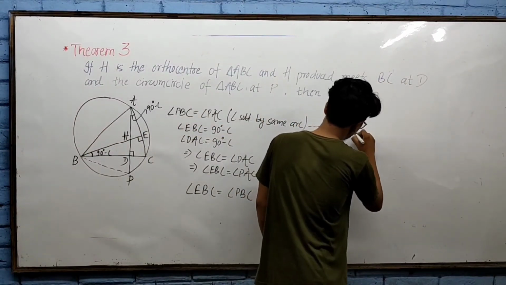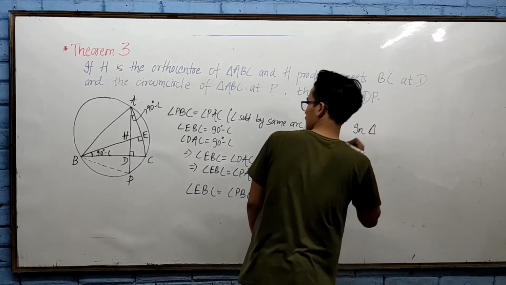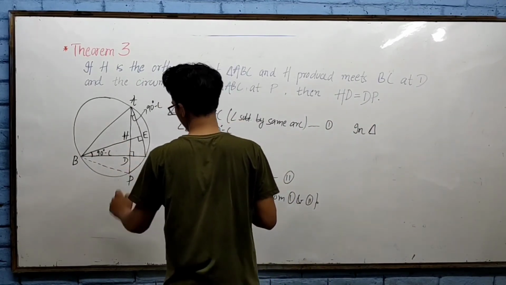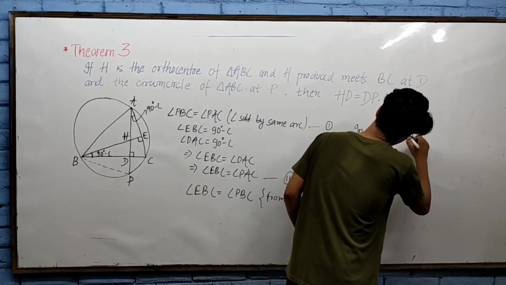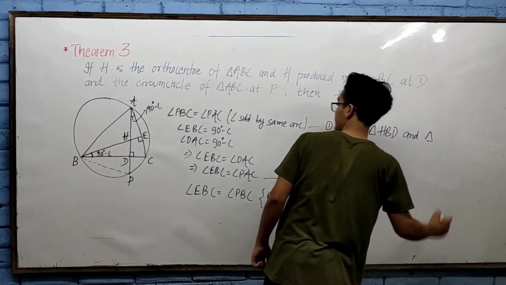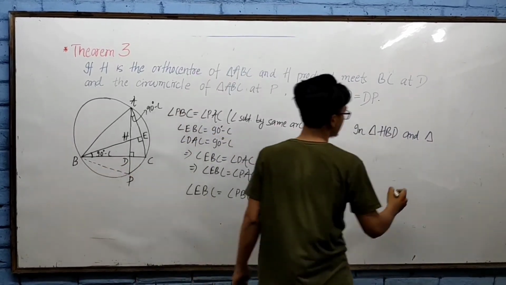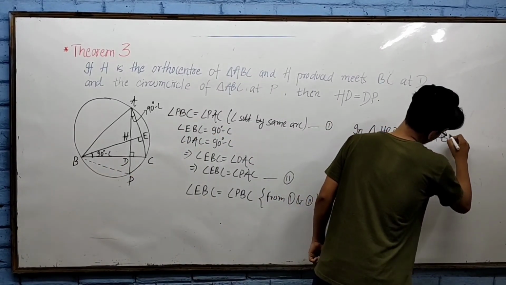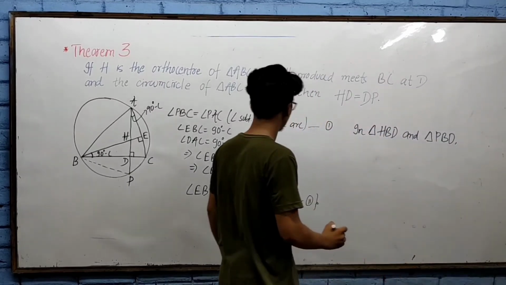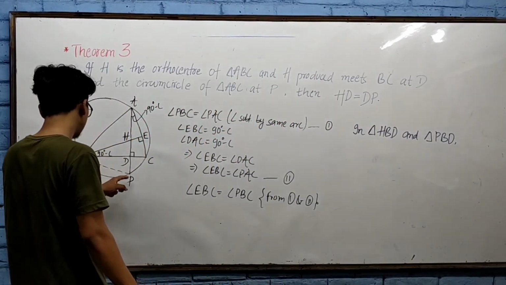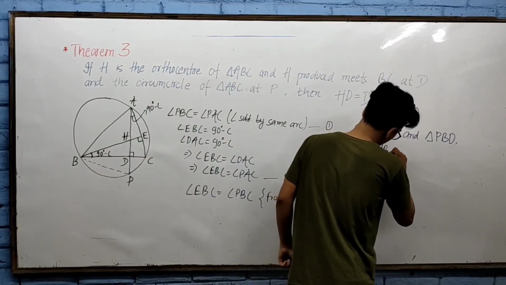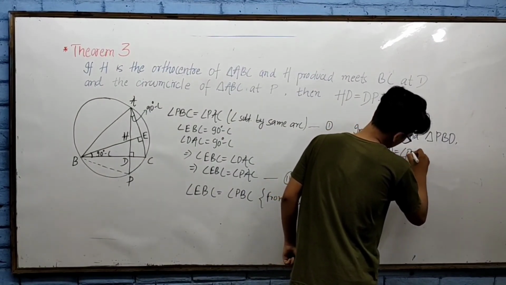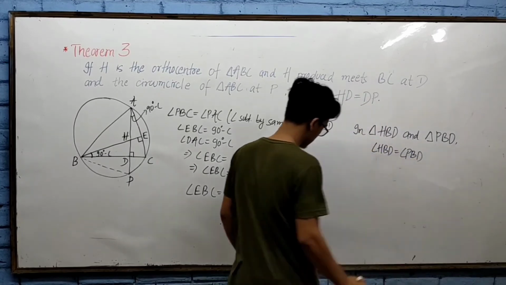In triangle HBD and triangle PBD, we have angle HBD equals angle PBD.